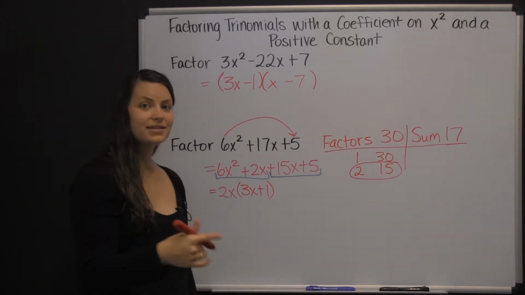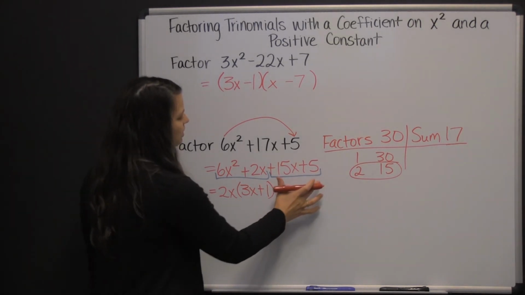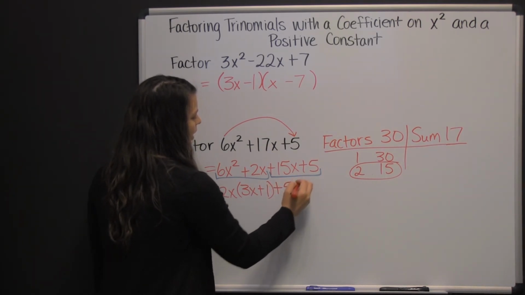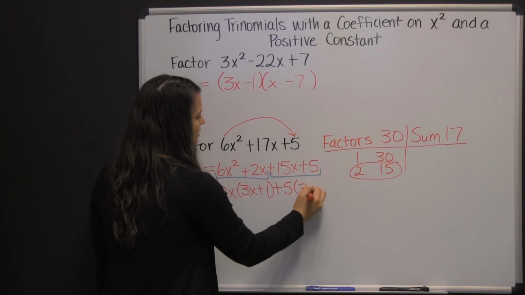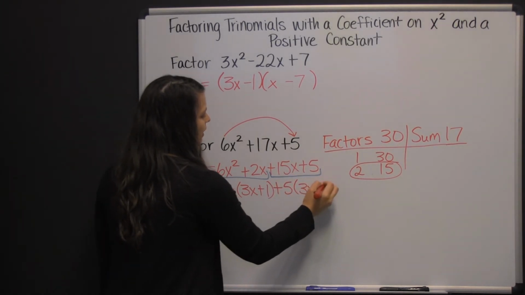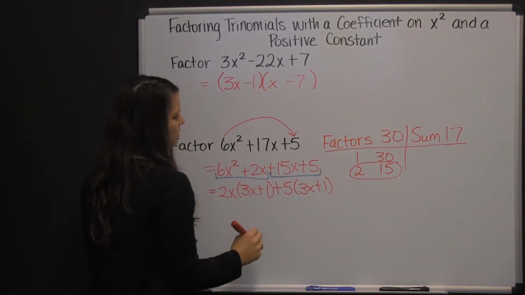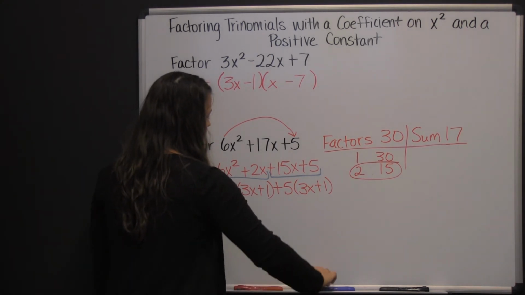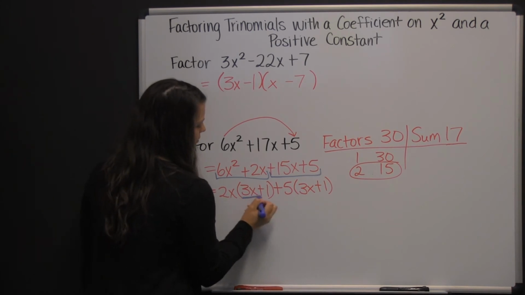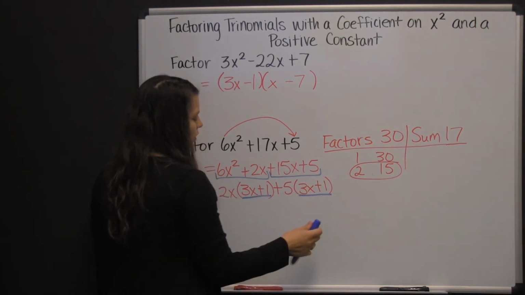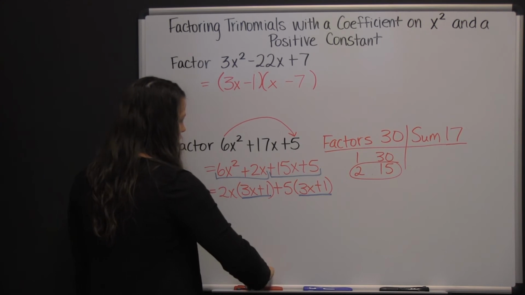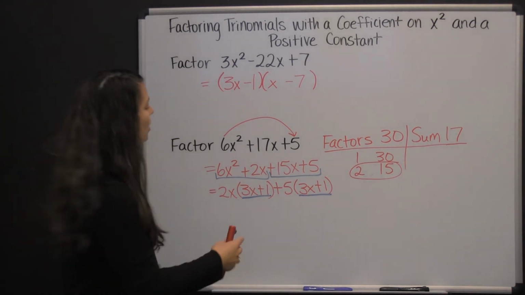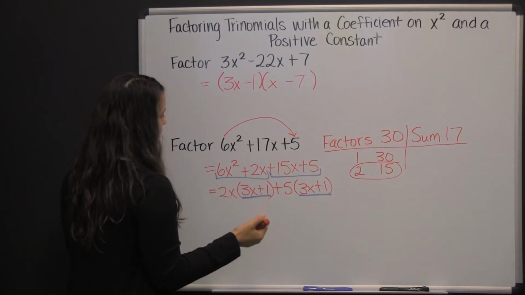We're going to do the same thing to this second group. The GCF of 15x and 5 is 5, a positive 5. And positive 5 times 3x is 15x. Positive 5 times positive 1 is positive 5. Notice how these factors are matching. So those factors are actually our GCF of our expression here.